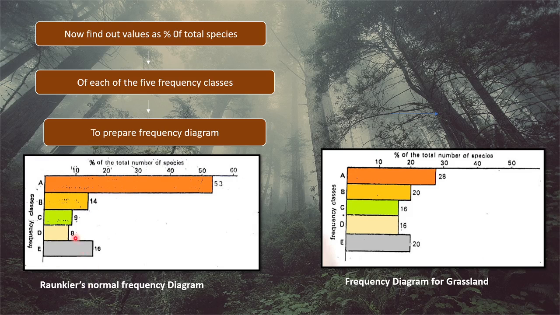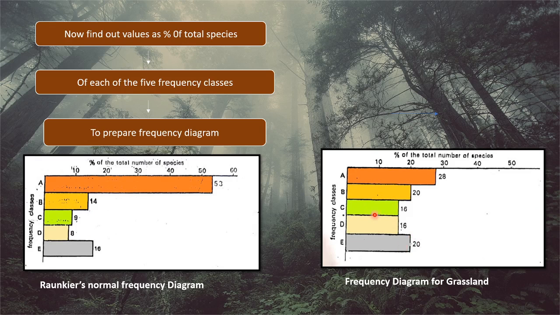So this is the normal frequency diagram given by Raunkiaer. Now this is a frequency diagram for grassland, for our understanding, for our example, so that you can understand how this frequency class becomes useful.